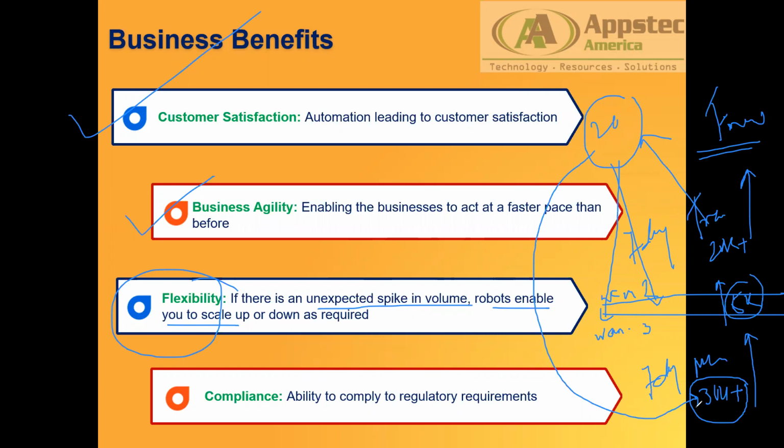So if I have a bot which can handle this numerous amount of volume, I need not bother about my staffing, how many FTE people, how many resources I should align to my process at the beginning of the month, or at the end of the month when there is a potential spike of volumes.